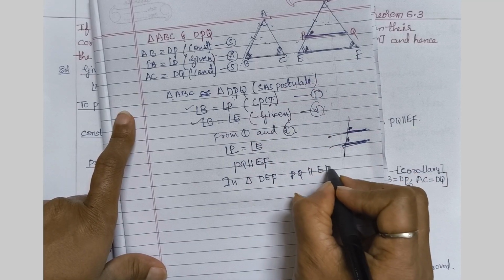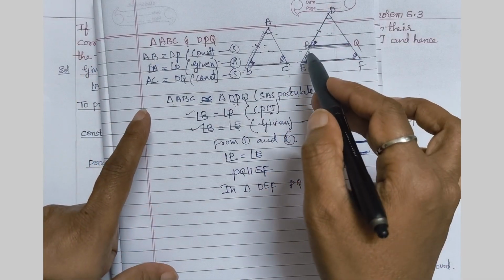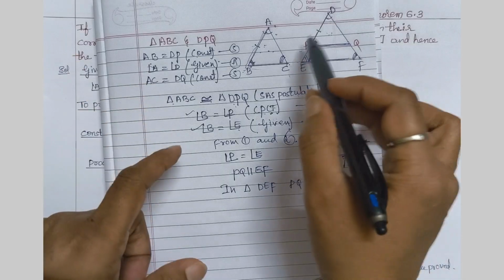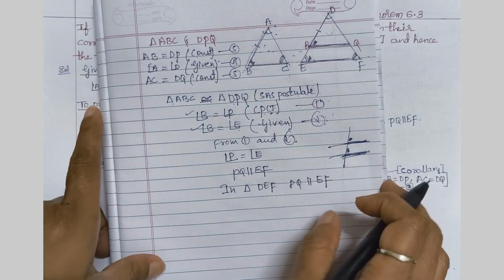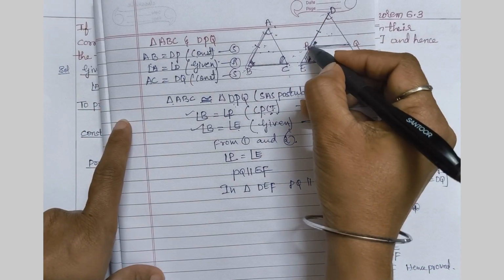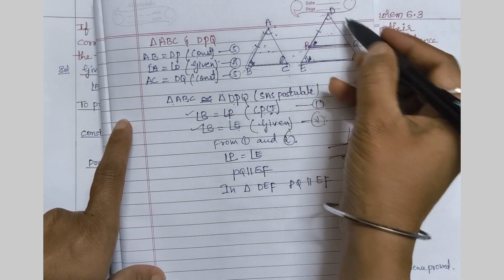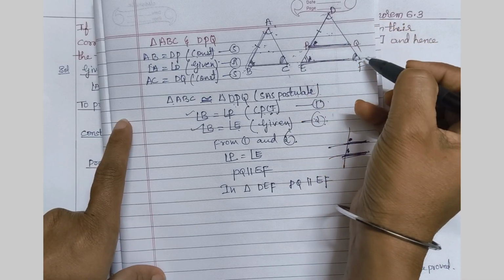PQ parallel to EF means the corresponding sides are proportional. Why? By the BPT theorem: if one side is parallel, then the remaining two sides are divided proportionally. So now this proportional means DP by PE equals DQ by QF.